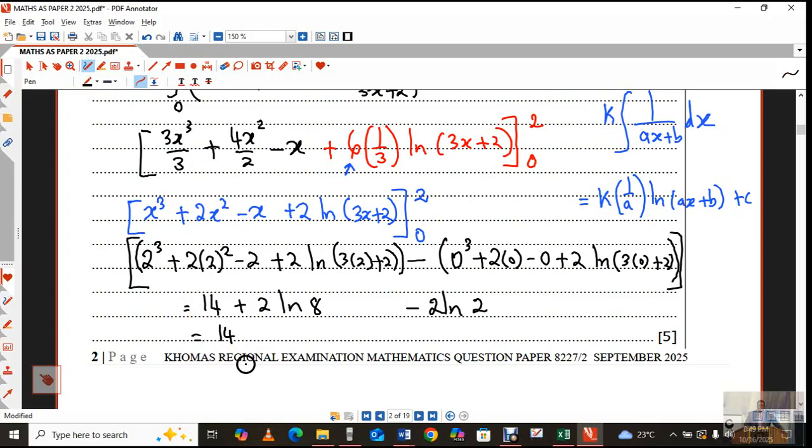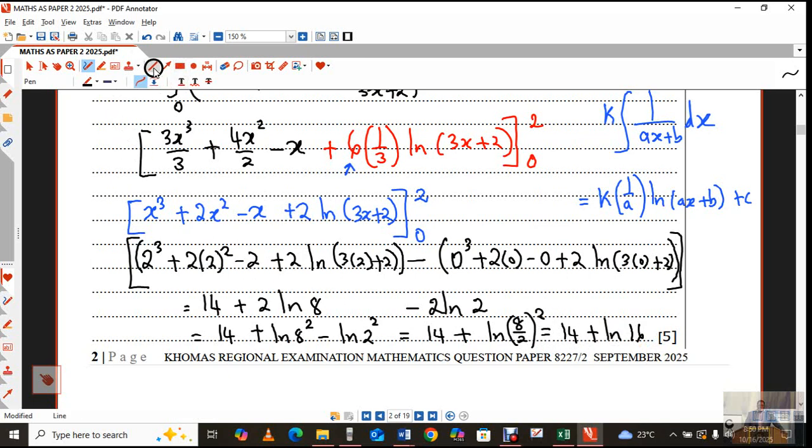All right, and then you can write this as 14 plus the natural log of 8 squared minus the natural log of 2 squared, and then you have plus the natural log of 8 over 2, all of that squared, eventually giving you the answer of 14 plus the natural log of 16, because you get half of 8, which is 4, and 4 squared is 16.